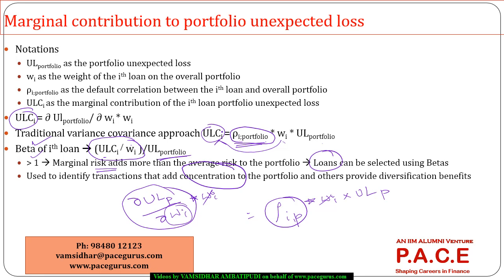We can really identify those kind of transactions, and based on that, the overall balancing act can very well be taken up.